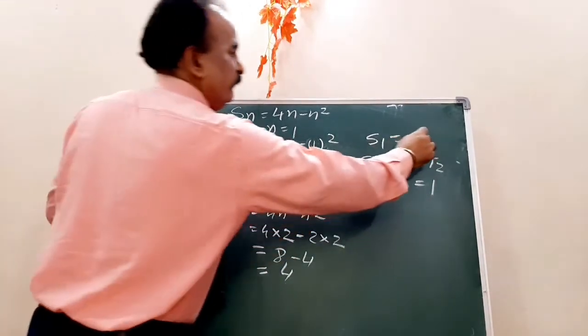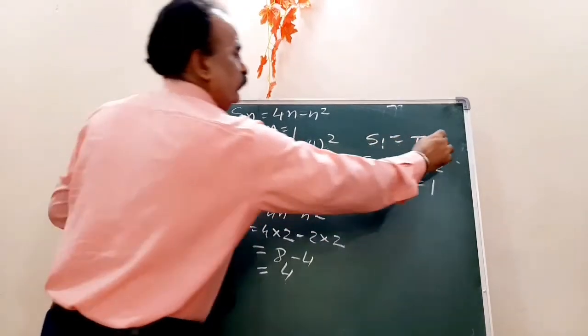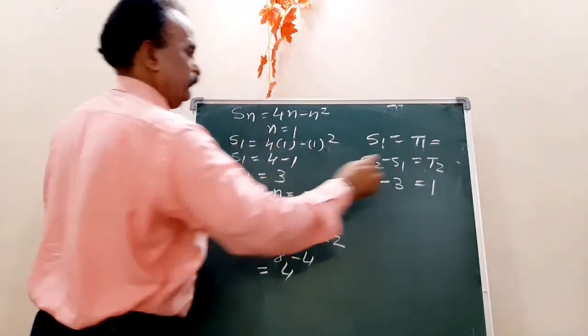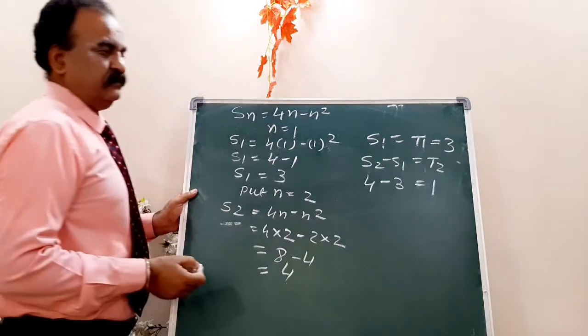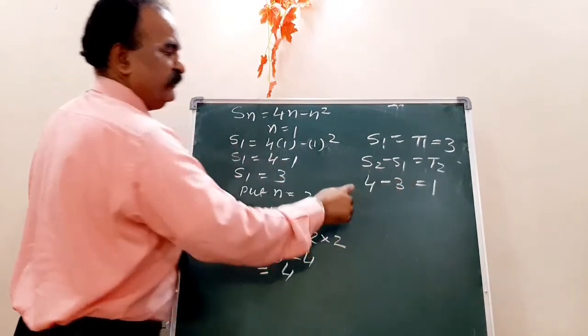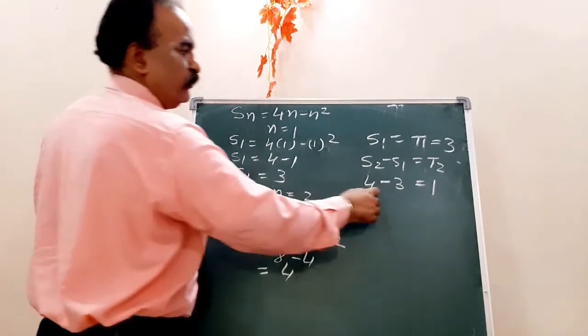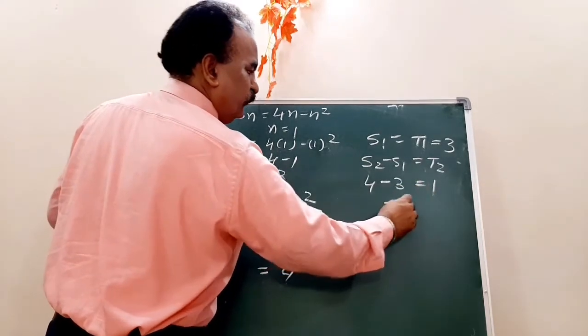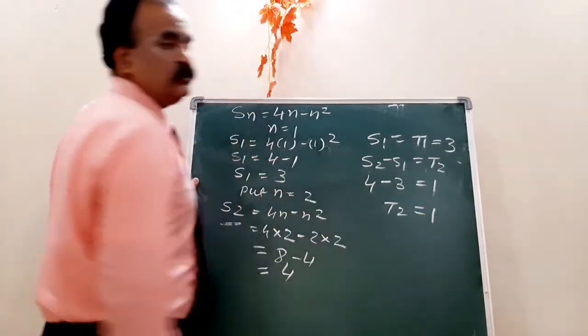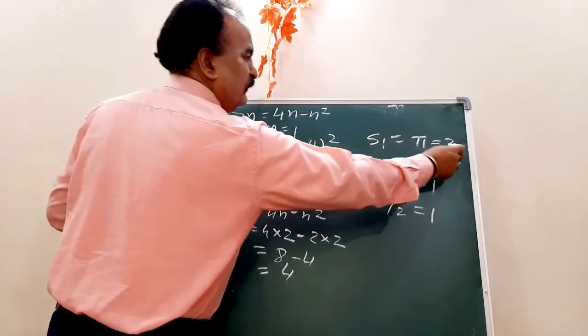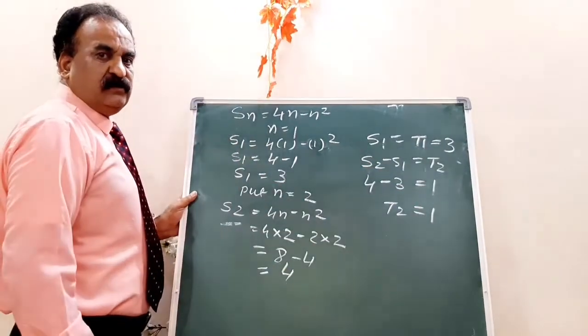So T1, the first term, is equal to 3. And S2 minus S1 means 4 minus 3, and 4 minus 3 means 1. So T2 is equal to 1. So T1 is 3. T2 is 1.